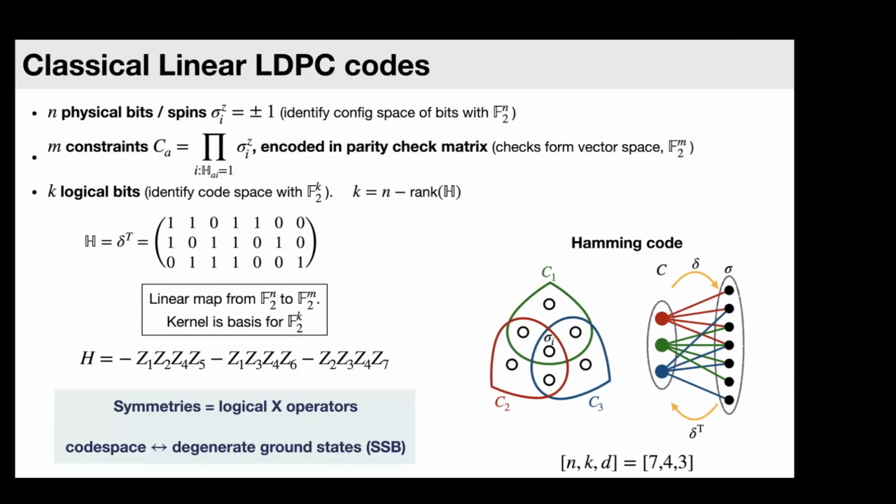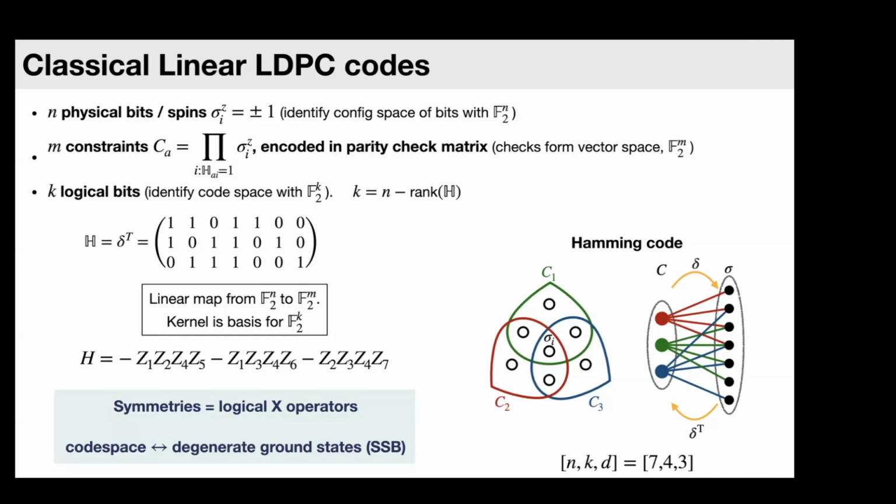These constraints can be encoded in what's called a parity check matrix. That's written here. Each row of the parity check matrix acts on some number of bits that ones label which bits it acts on. Okay, and then the row tells you that the bits appearing in that row have to have even parity.